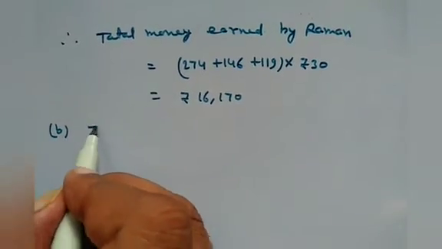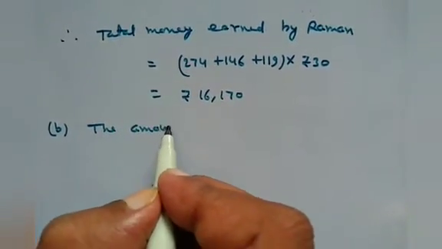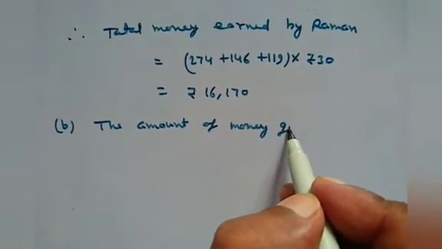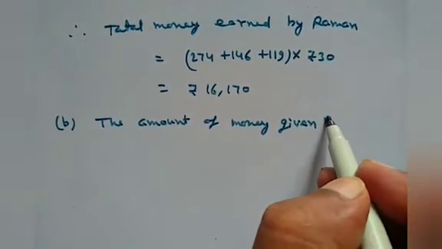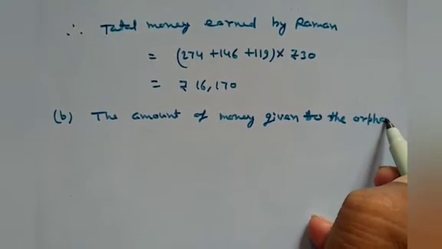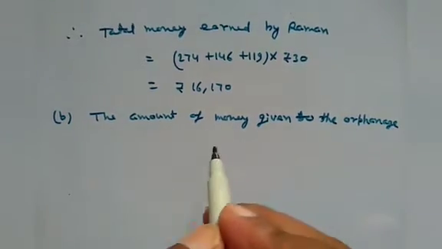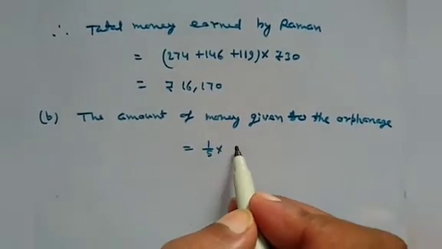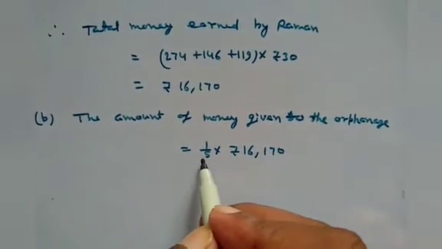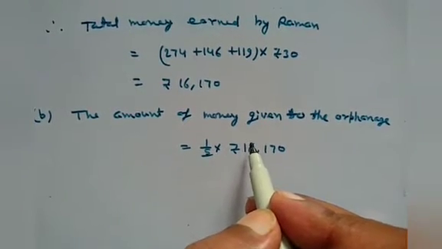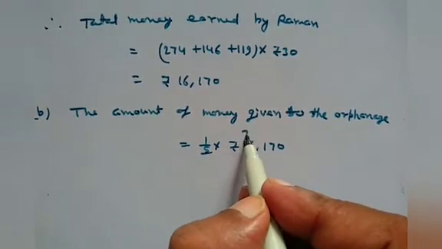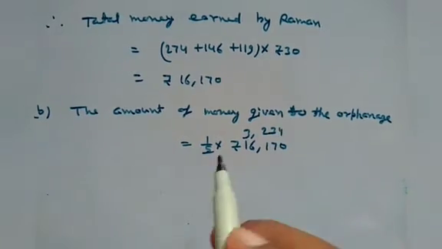Question B. The amount of money given to the orphanage equal to 1 by 5 into rupees 16,170, which is 16,170 divided by 5, equal to 3,234.